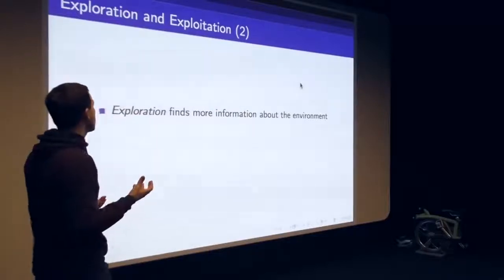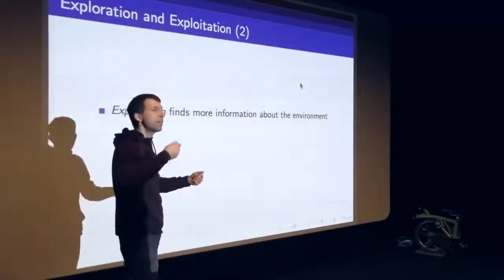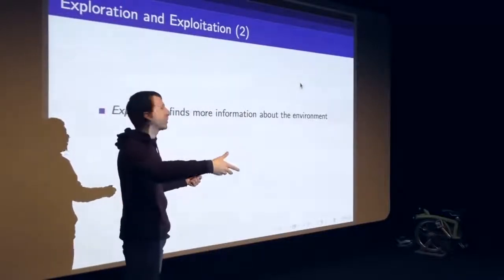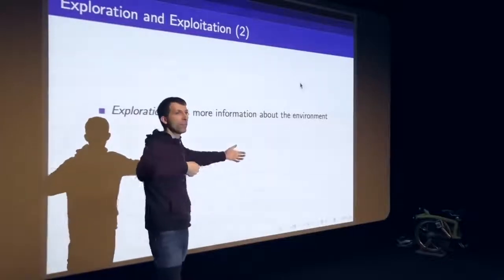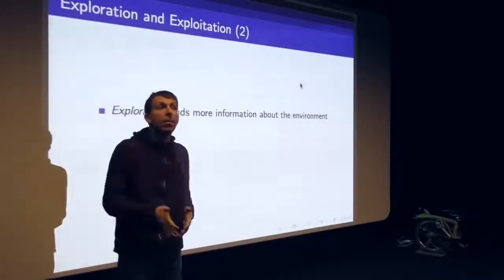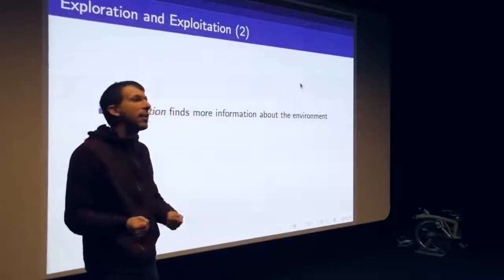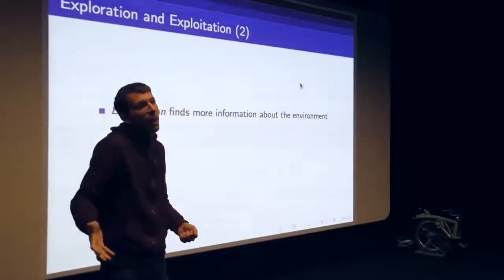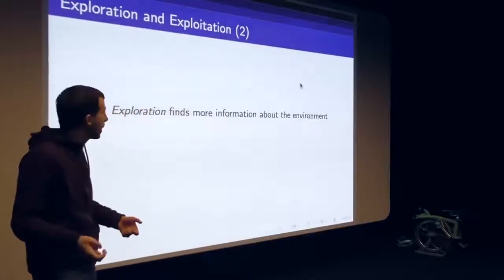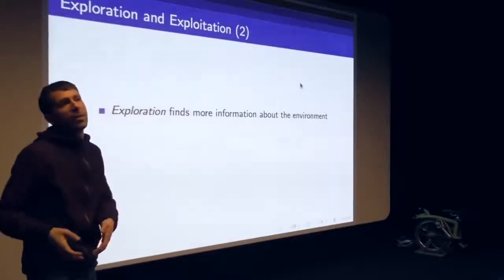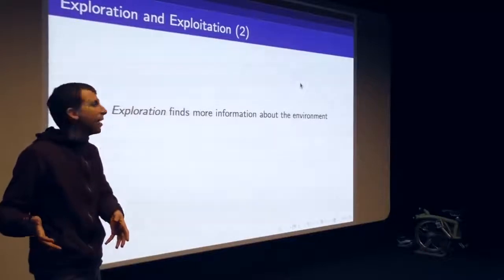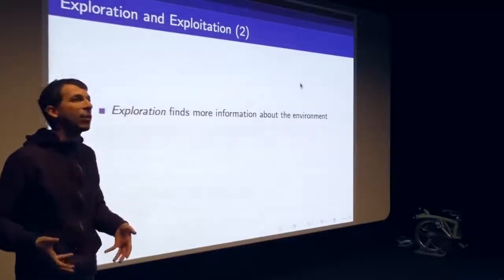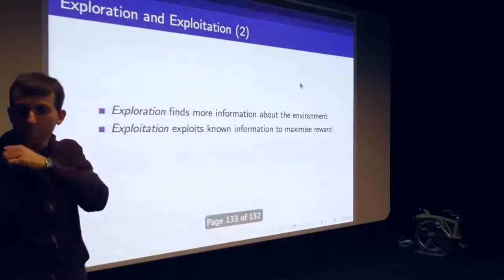In other words, exploration means choosing to give up some reward that you know about in order to find out more about the environment. So maybe, given everything you've seen so far, you think that by going left you'll get the most reward, but you haven't really explored right very much. And so maybe it's better to go right for a while, discover that there's a big treasure chest there, so that in the future you might end up getting a lot more reward in the long run.